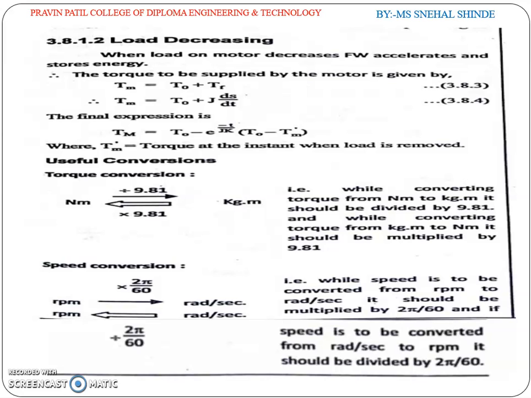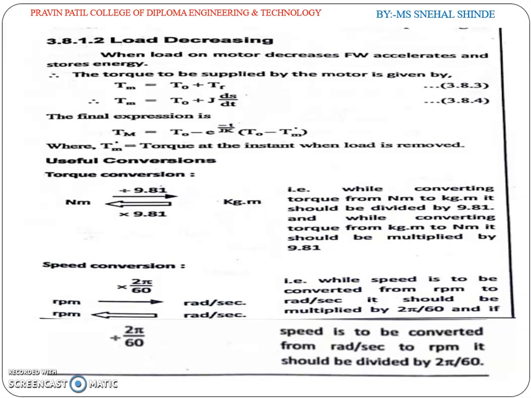So our next case is the load decreasing. When load on the motor decreases, the flywheel accelerates and stores the energy. The torque to be supplied by the motor is given by Tm equal to T0 plus Tf, and the Tf value is J into dω by dt.